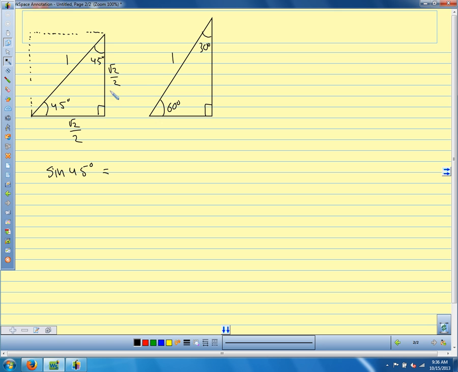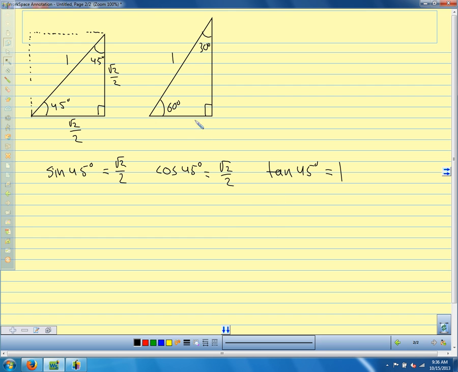It's going to be square root of 2 over 2. Cosine of 45 degrees. What's a cosine of 45 degrees? Square root of 2 over 2. Tangent of 45 degrees. 1. We should work on memorizing these.